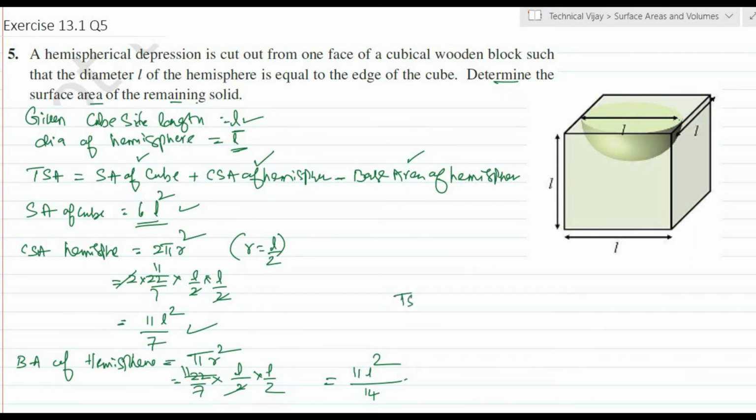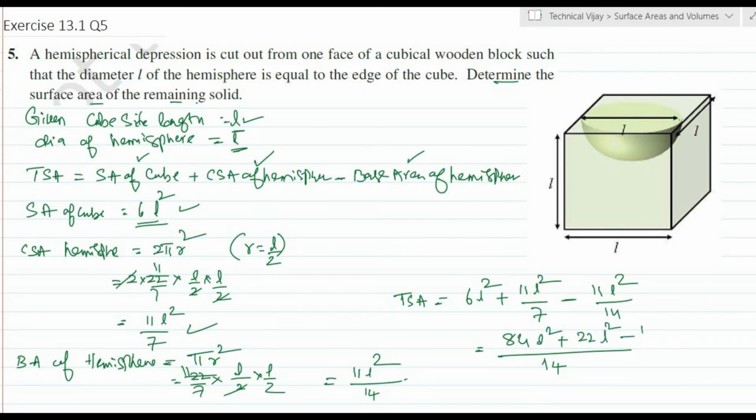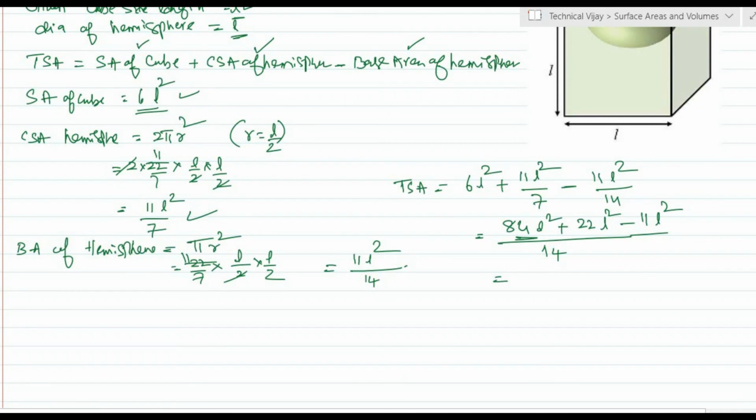So the total surface area is equal to 6L square plus 11L square divided by 7 minus 11L square divided by 14. Take the LCM, which is 14. So 14 into 6 is 84, that is 84L square, plus 22L square, minus 11L square, divided by 14.